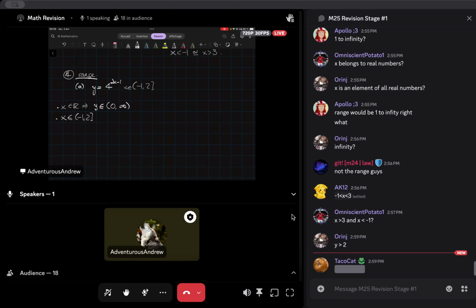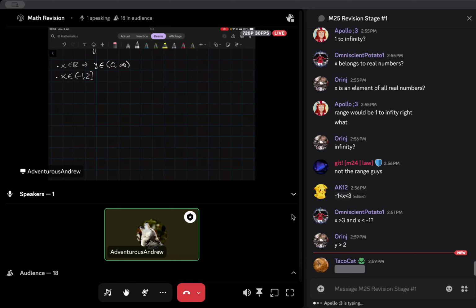A very important skill to have when dealing with exponential functions is knowing whether it is increasing or decreasing. We know the base here is 4, and the function is y is equal to 4 to the 2x minus 1. As x increases, y increases, so we know that the exponential function is monotonic. So it's just going to be increasing for all x.